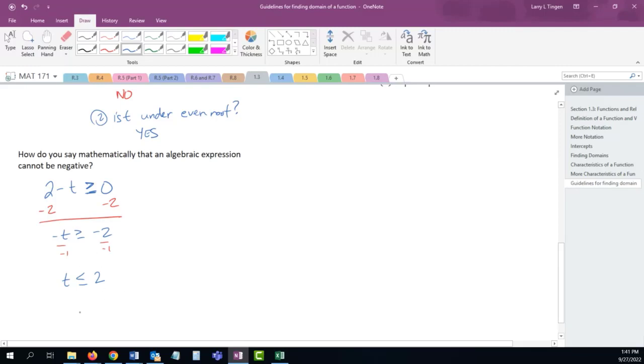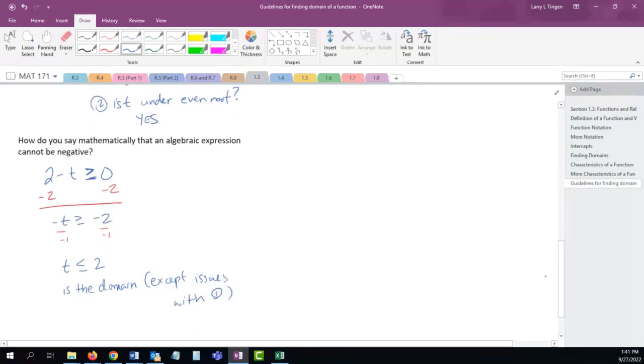When you deal with a variable under an even root, this is the domain, except for issues with step 1. In those top 2 problems, whenever I determine what makes the denominator 0, the answers to that question are not in the domain.